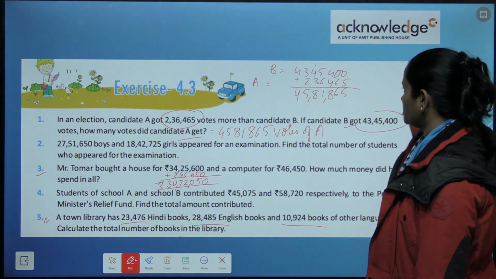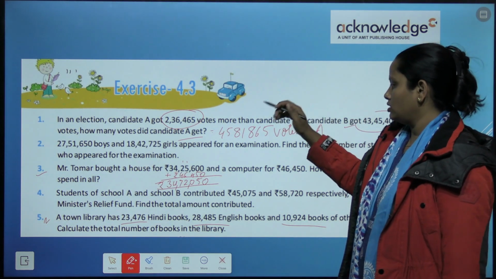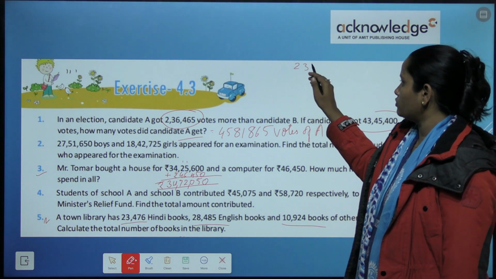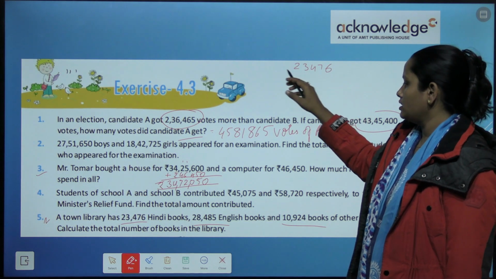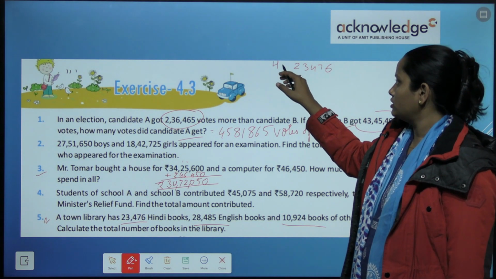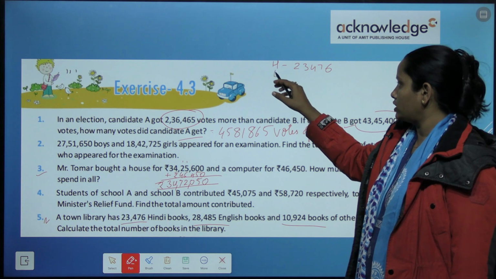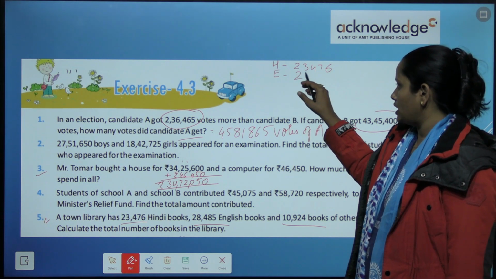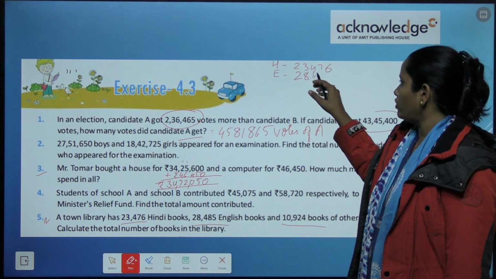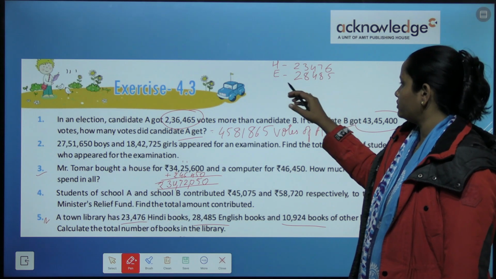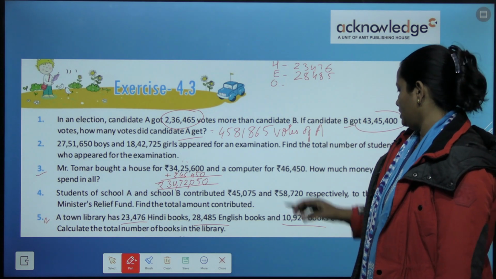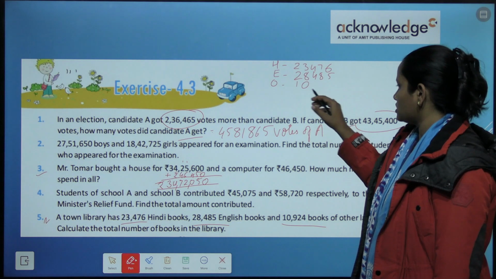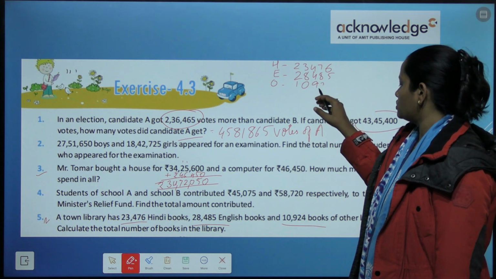So let's do it. 23,476 Hindi books. Now English books were 28,485 and other books were 10,924.